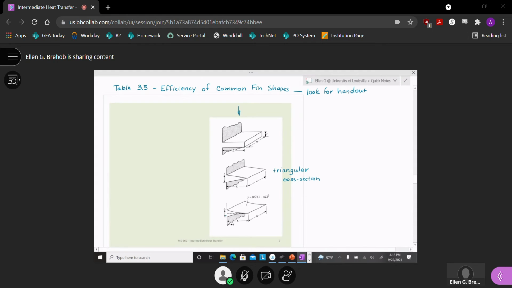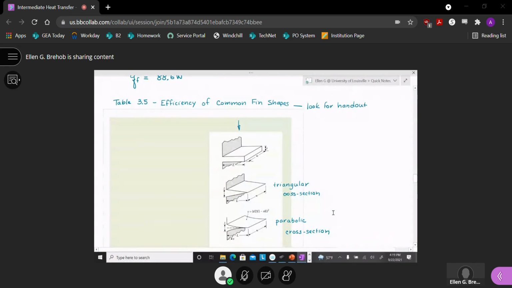So in the Z direction, it has the same shape, but it is parabolic. Okay, and then also on this table, it has some more of them. Okay, so I'll leave it there for right now.